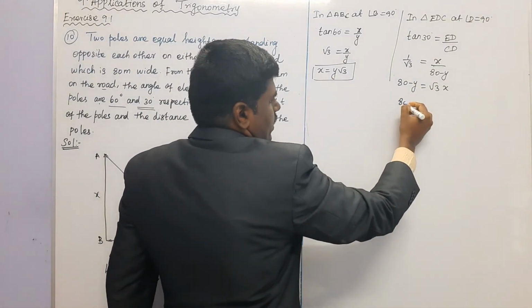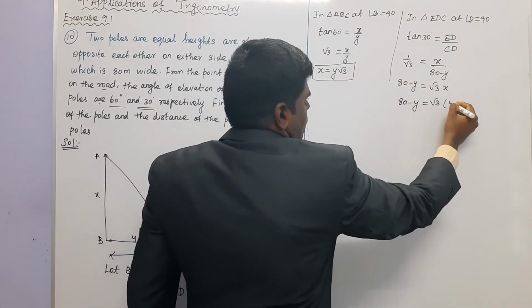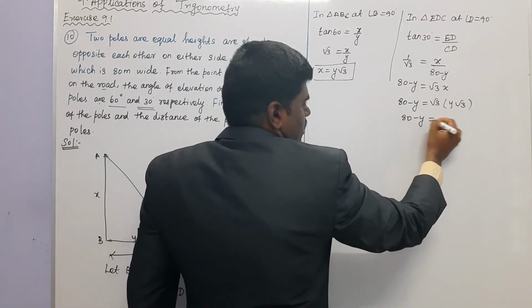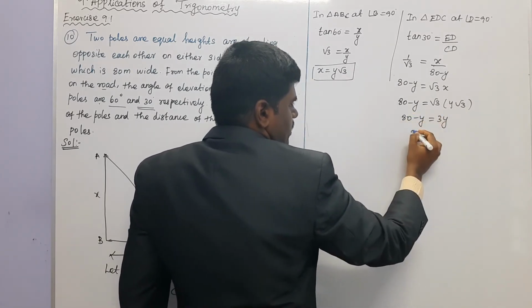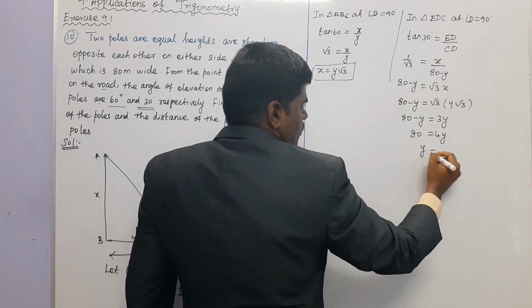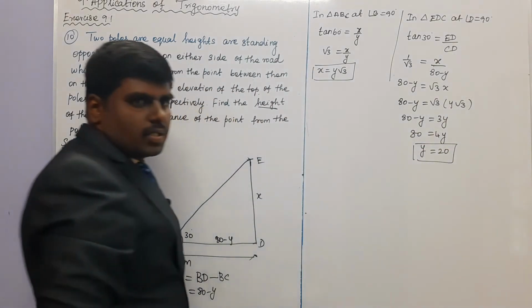Here 80 minus y is equal to root 3 x. What is the value of x? x is equal to y root 3. Just substitute: 80 minus y is equal to root 3 times y root 3. Simplify: 80 minus y is equal to 3y. So 80 is equal to 4y. What is the conclusion? y is equal to 20.